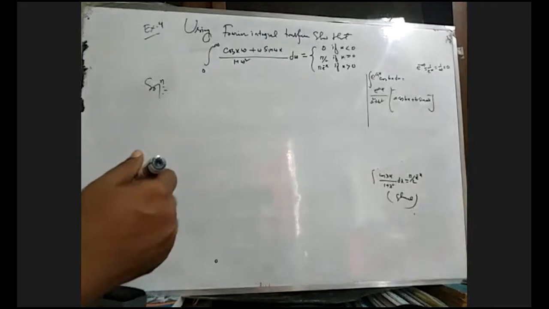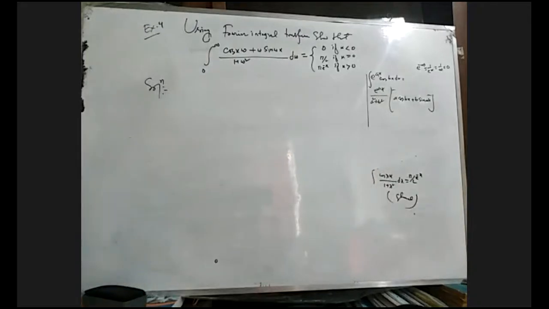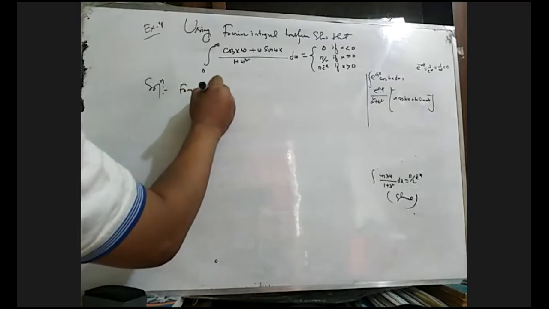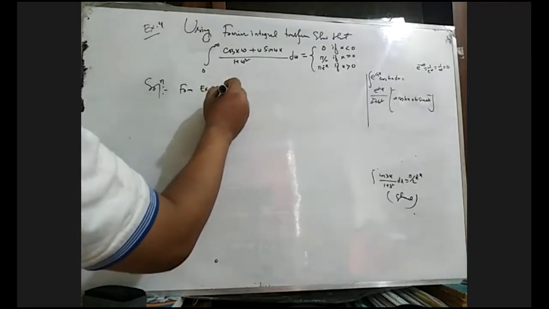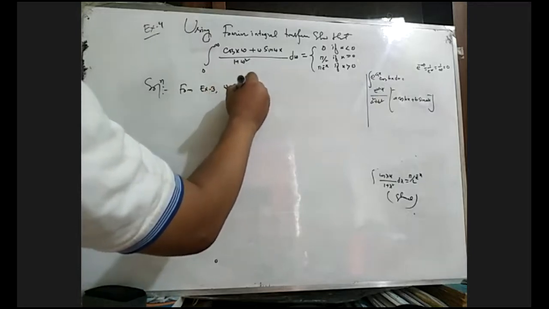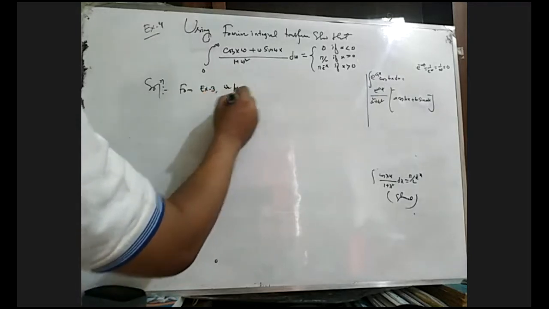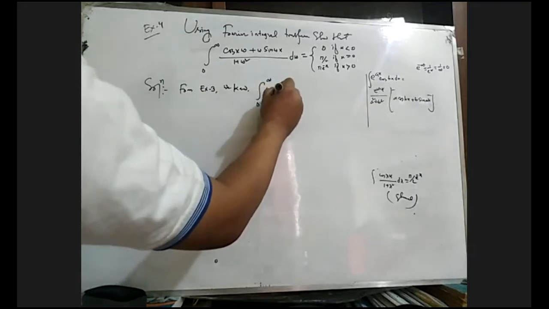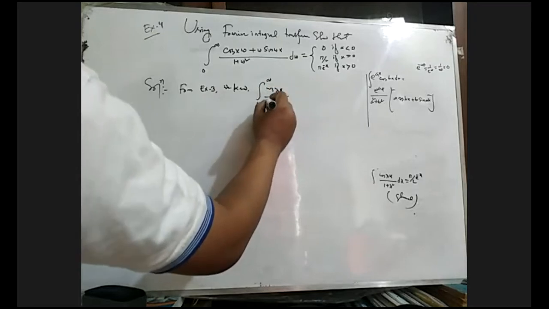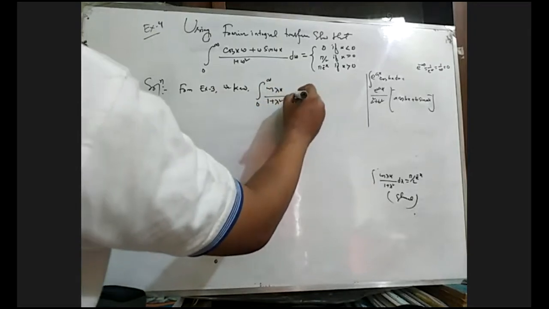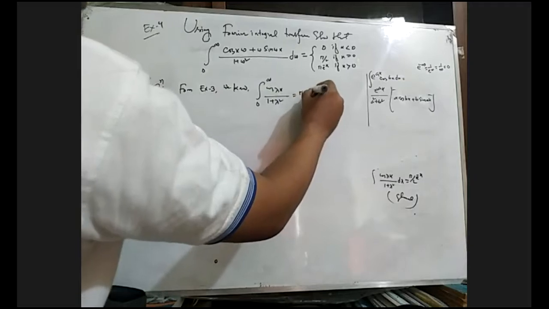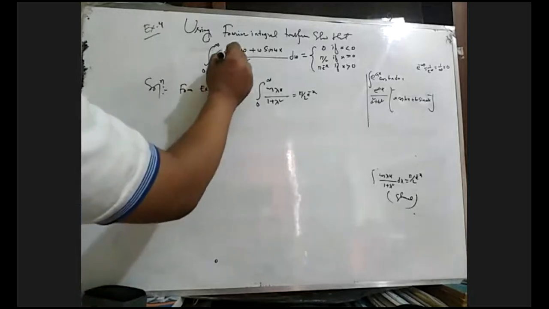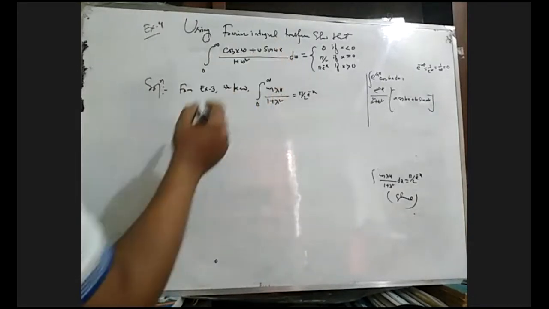Actually, we have to use our previous two examples. From example 3, we know the result: integral from 0 to infinity of cos lambda x divided by 1 plus lambda square equals pi by 2 e to the power minus x. There are two parts, one is the cos part, another is the sin part.